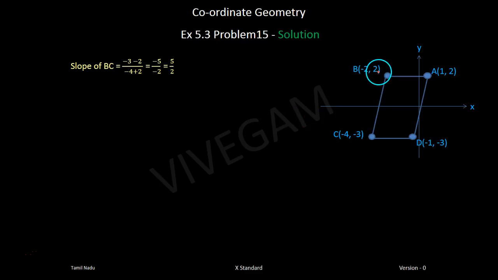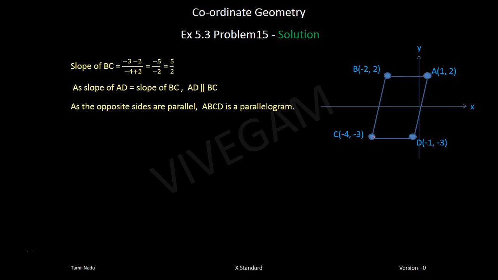So for BC, 3 minus 2 is 1, divided by -4 minus of -2, which becomes plus 2, that is -2. So the slope of BC is the same as the slope of AD, which means AD is parallel to BC.